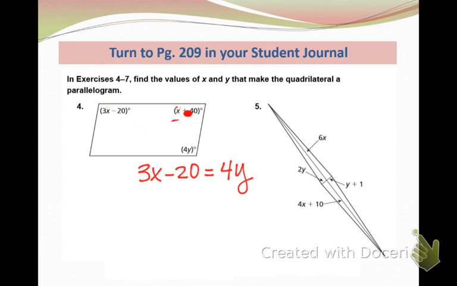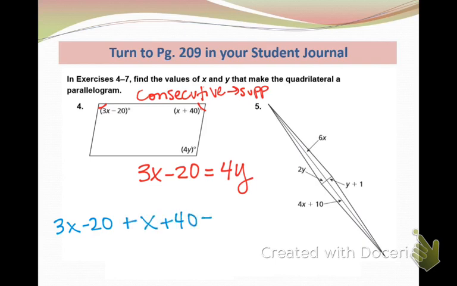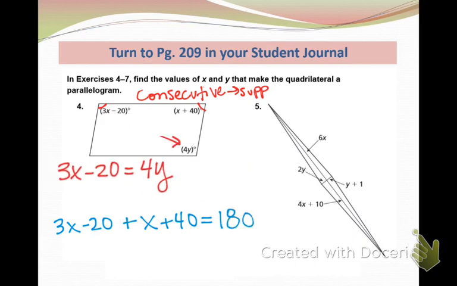If you recall from 7.2, these are called consecutive angles, and consecutive angles are supplementary. Supplementary means they add up to 180. So I can take 3x minus 20, the left angle, and add it to x plus 40, and it will equal 180 degrees because they're consecutive. 3x and x make 4x.